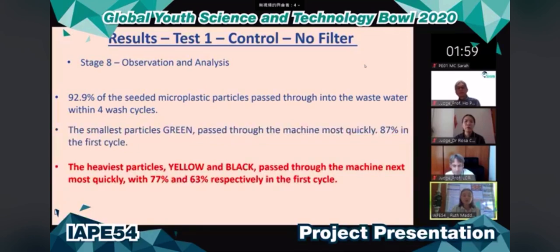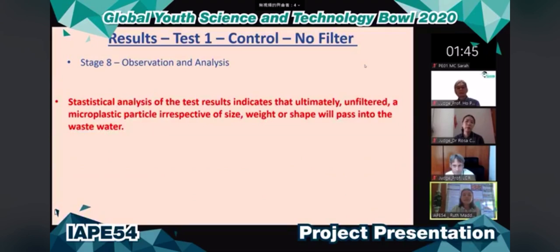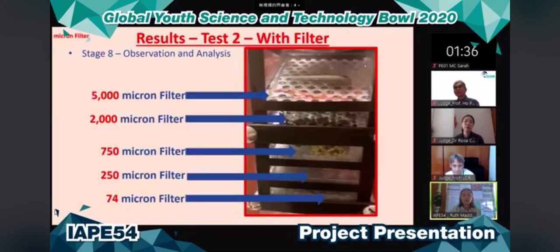The heaviest particles, yellow and black, passed the machine next most quickly, with 77 and 63% respectively in the first cycle. The longest particles, blue and orange, were the slowest to pass through in the first cycle at 50 and 34% respectively. Statistical analysis of the test results indicates that ultimately, unfiltered, a microplastic particle, irrespective of size, weight, or shape, will pass into the wastewater.